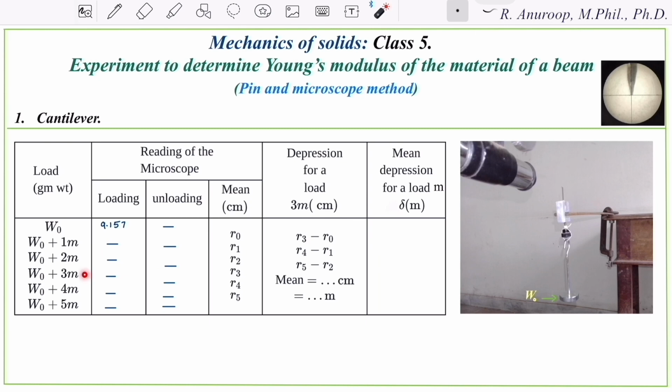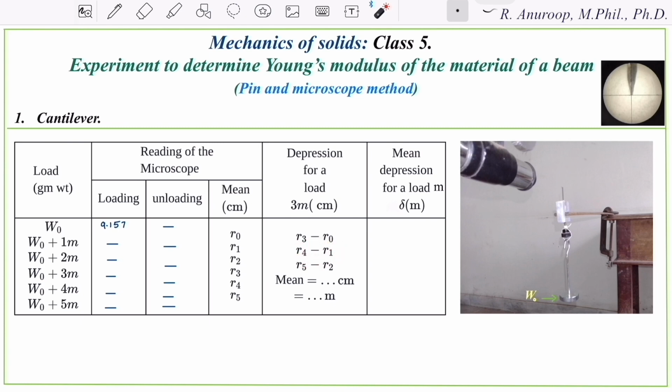Just subtract the value of W0 from W0 plus 3m. That is, subtract R0 from R3. If you subtract R0 from R3, you will get a depression for a load 3m. Similarly, if you subtract R1 from R4, then again you will get a depression for a load 3m.